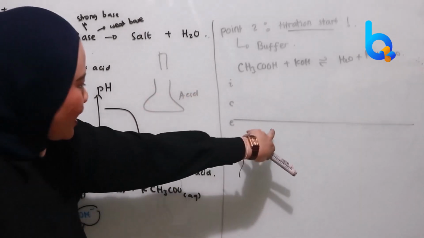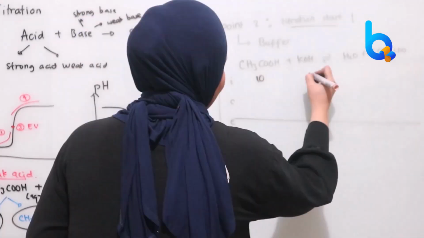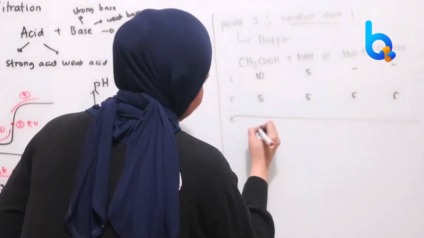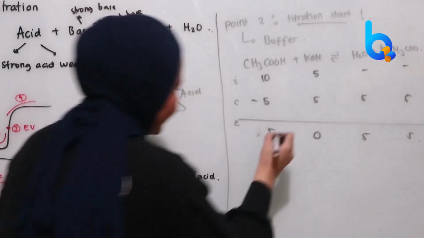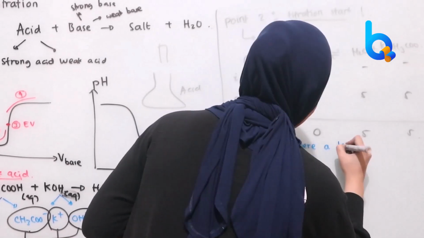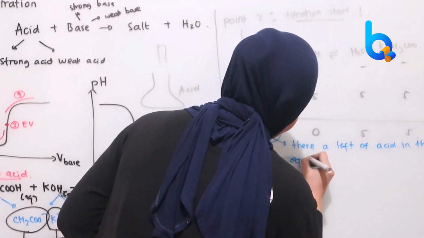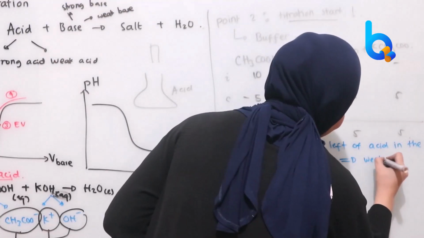So in the equilibrium stage, probably if we have 10 and this is 5, okay. This is just an example. This is minus 5. I'm sorry, 505. Okay. So there is acid left in the equilibrium, and weak acid.